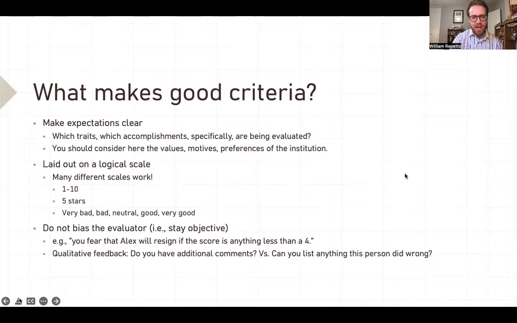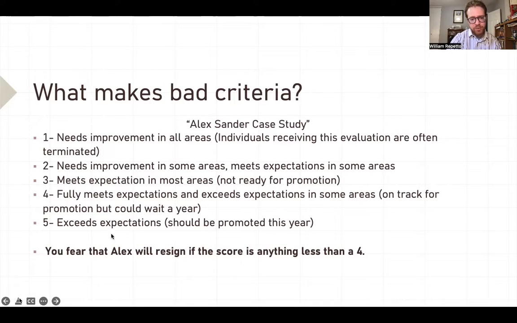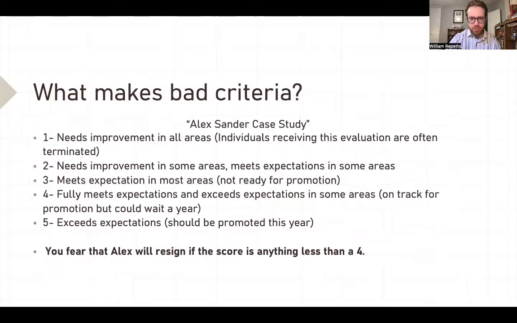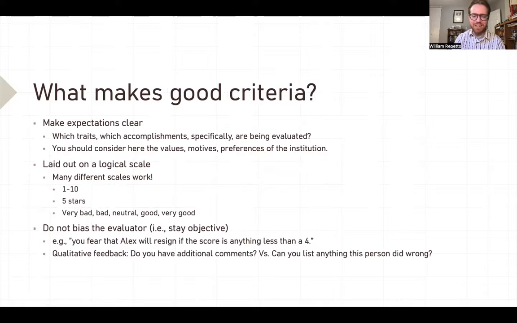And so from that, we can draw out what makes good criteria. First and foremost, it makes expectations clear: which traits, which accomplishments specifically are being evaluated, right? Back here, we have some areas and most areas, but we don't know which areas are being prioritized or evaluated specifically.